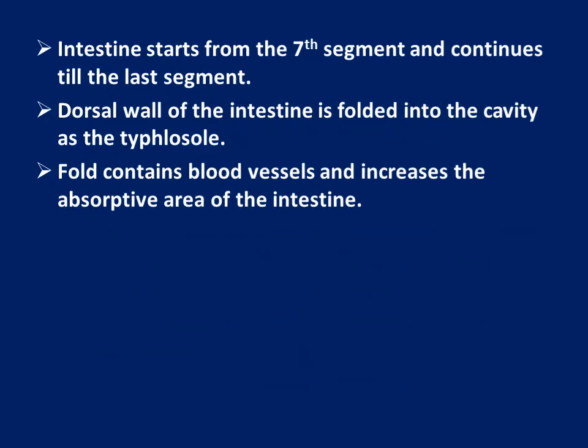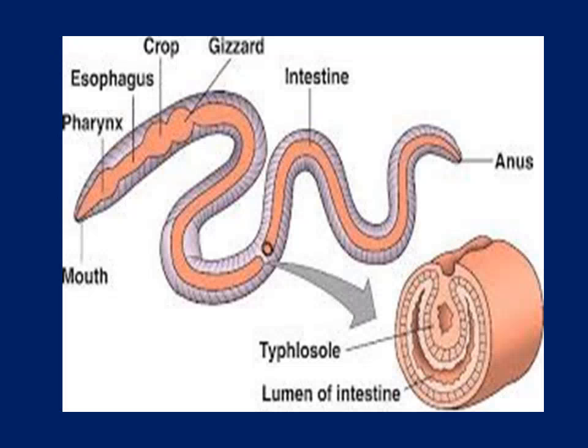Intestine starts from the seventh segment and goes to the last segment. Then the dorsal wall of the intestine has a typhlosole அப்படிங்கிற fold இருக்கு. It contains blood vessels. So it increases the absorptive area of the intestine. நமக்கு வந்து எப்படி villi small intestineல இருக்கோ அது மாதிரி அதுல typhlosole.